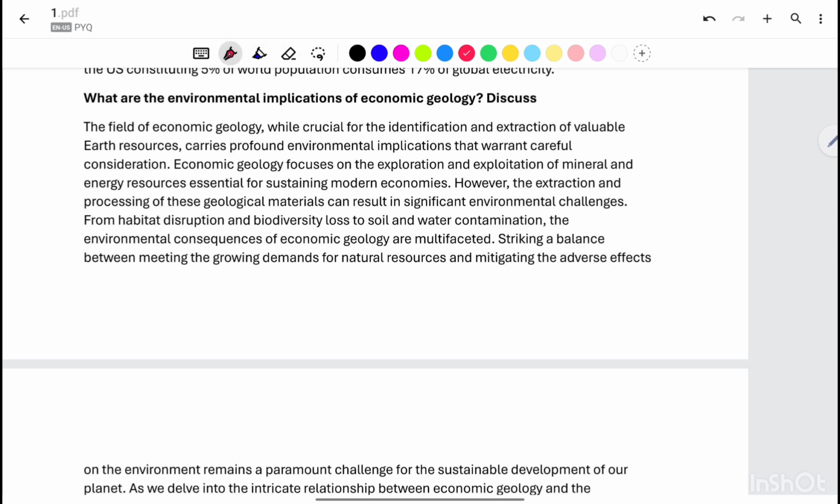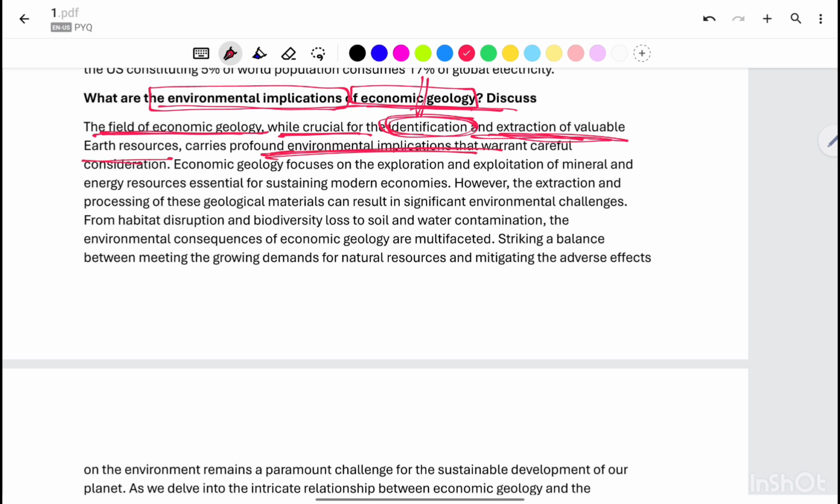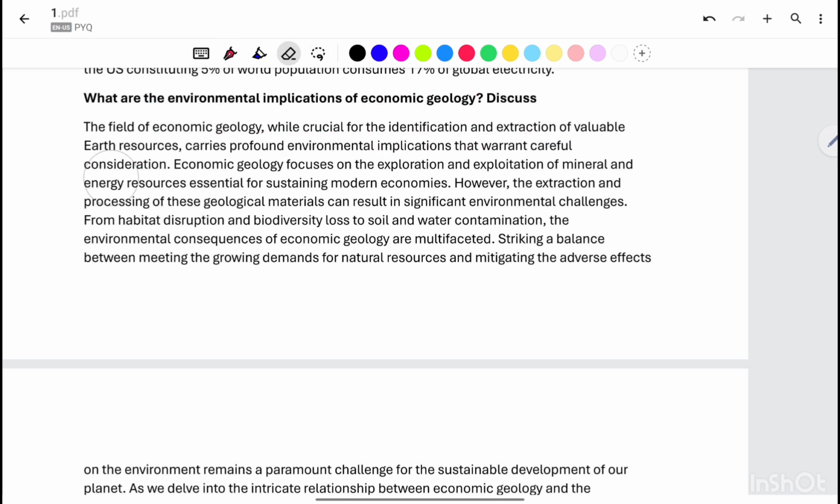The field of economic geology, while crucial for identifying and extracting valuable earth resources, carries profound environmental implications and warrants careful consideration. Economic geology focuses on the exploration and exploitation of the mineral and energy resources essential for sustaining modern economies.